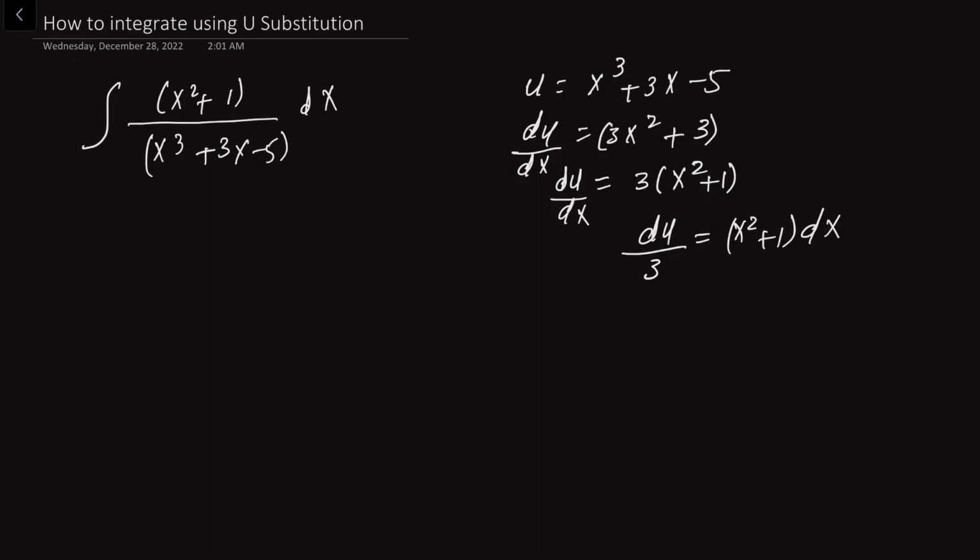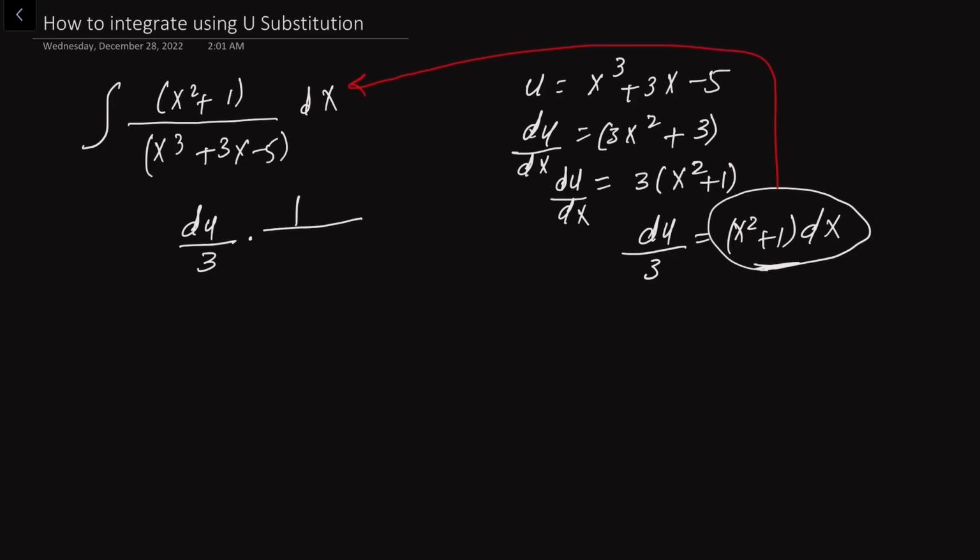We can see x squared plus 1 dx is exactly the same as du over 3. So we substitute du over 3 times 1 over x cubed plus 3x minus 5, cubed.